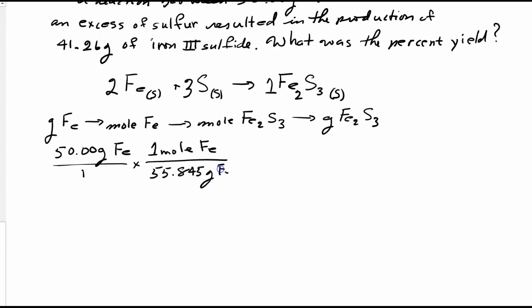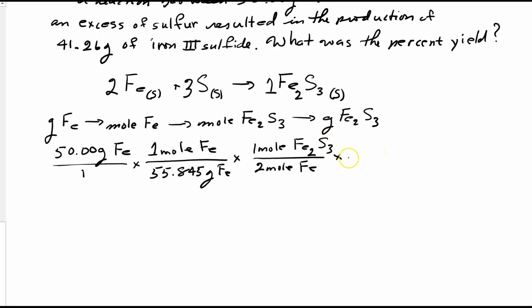I got that off the periodic table. And of course now we have to find moles of iron sulfide. Notice that we have 1 mole of iron 3 sulfide for every 2 moles of iron.